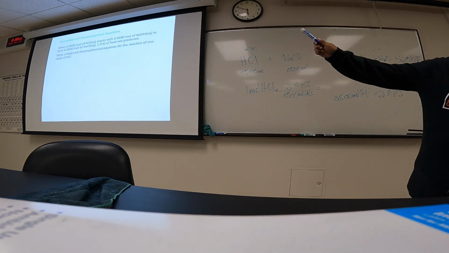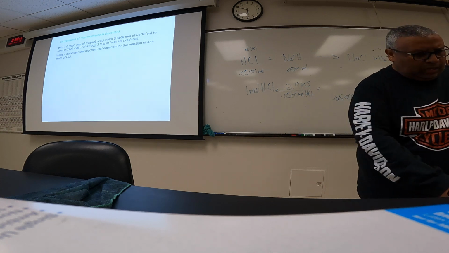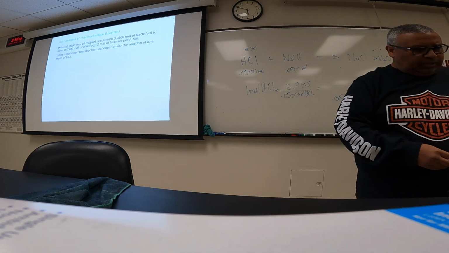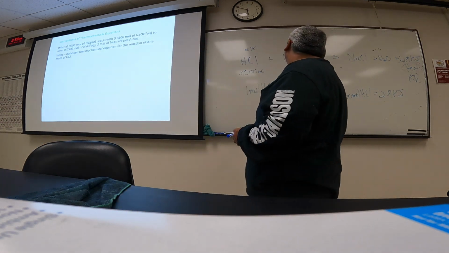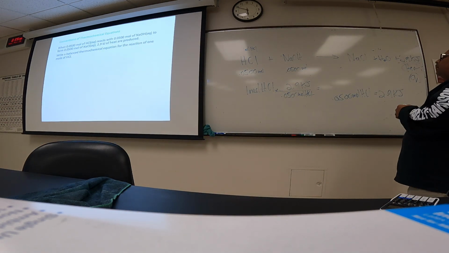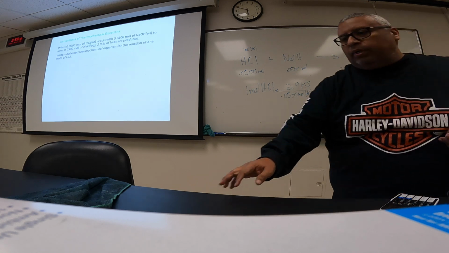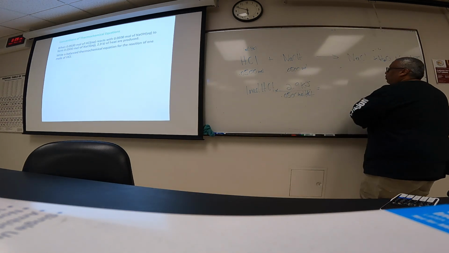So how much heat are we going to get from this one mole here? We can do this calculation. There's my calculator. Go ahead and calculate this for me. What is 2.9 divided by 0.05? 58 kilojoules.